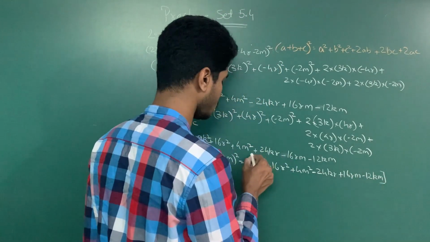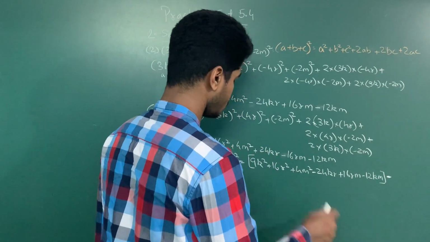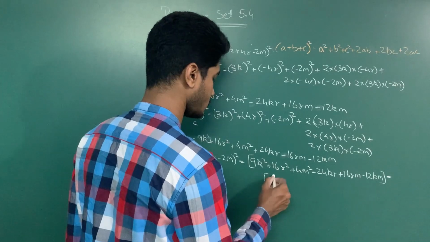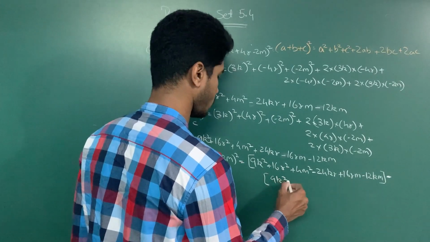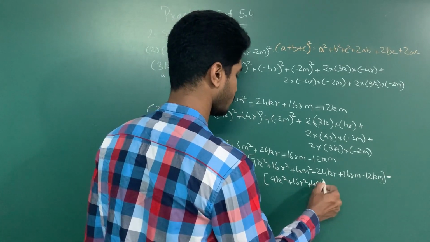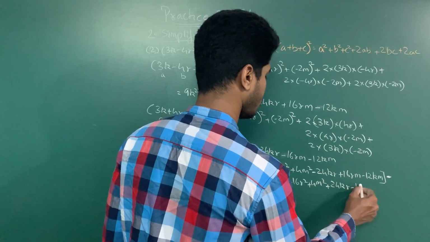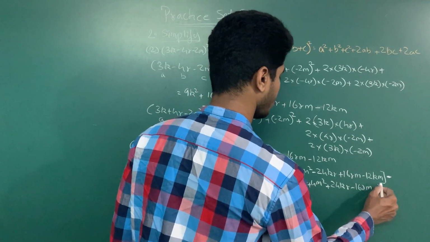We'll put this into a bracket, minus sign. The second result is 9k square plus 16r square plus 4m square plus 24kr minus 16rm minus 12km.